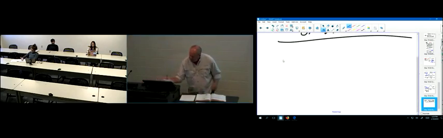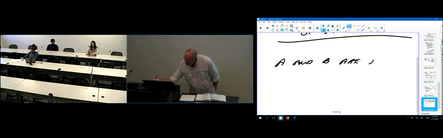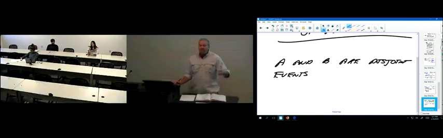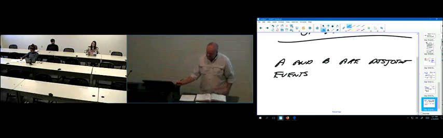So I want to remind you of a couple thoughts here. A and B are disjoint events. Notice I'm using capital letters at the beginning of the alphabet.